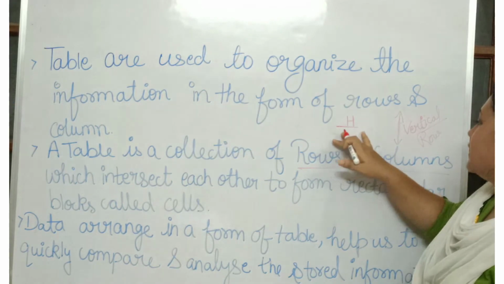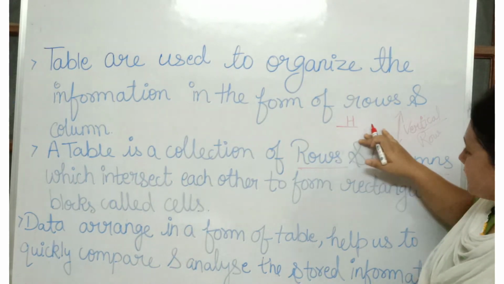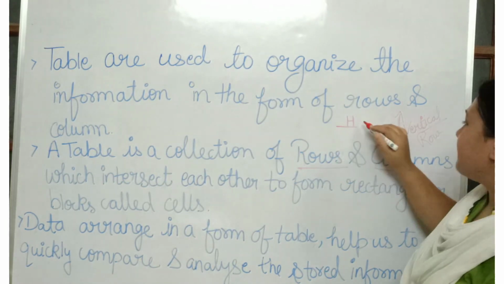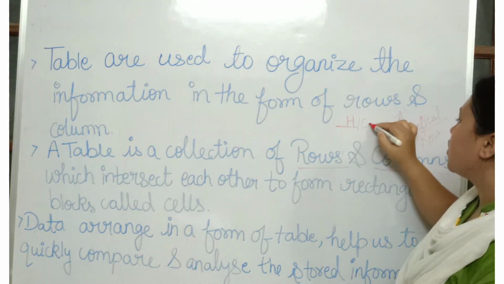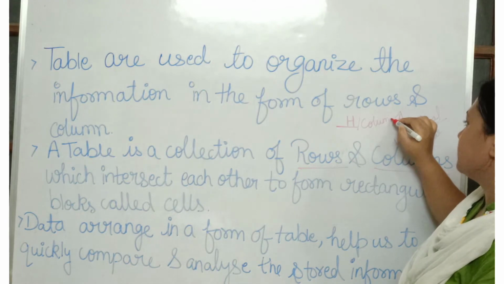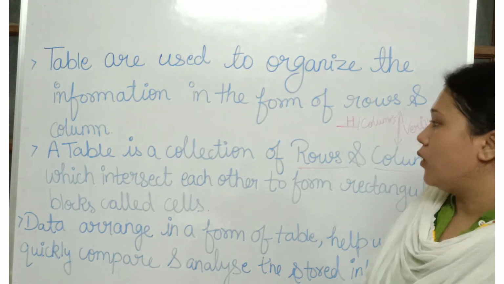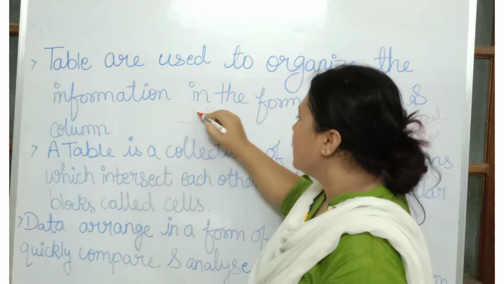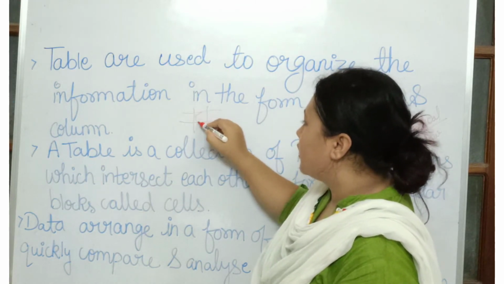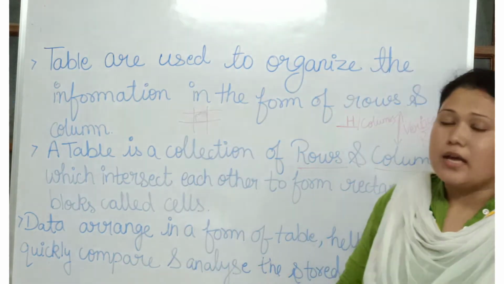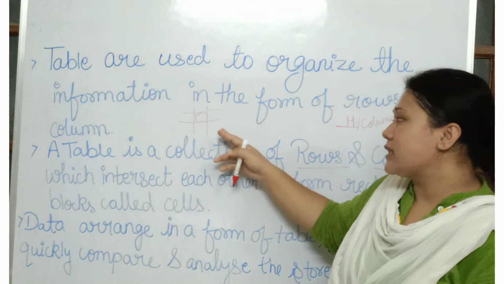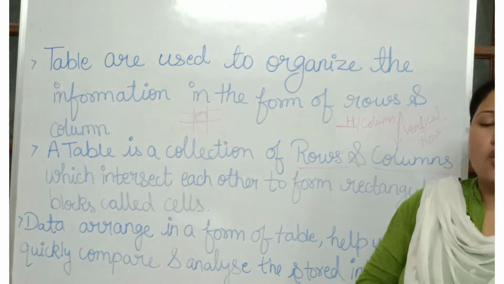And the slanting line, the sleeping line we can say, is called a column. So the intersection of rows and columns makes a block. The rectangular form of the intersection of rows and columns is called a block.